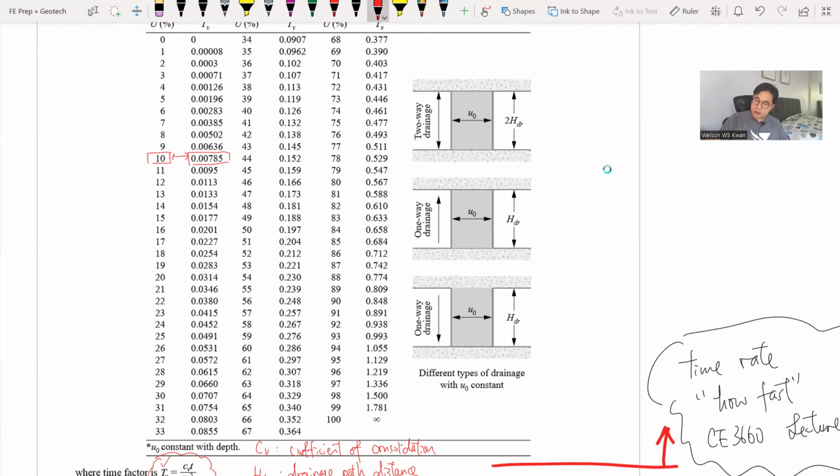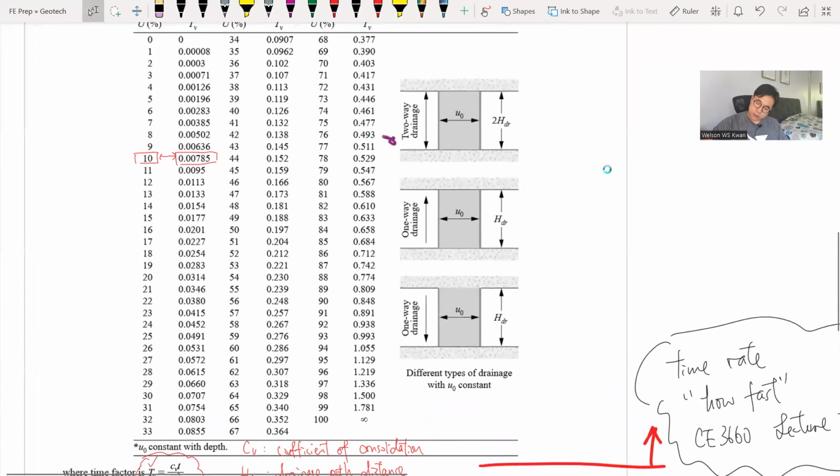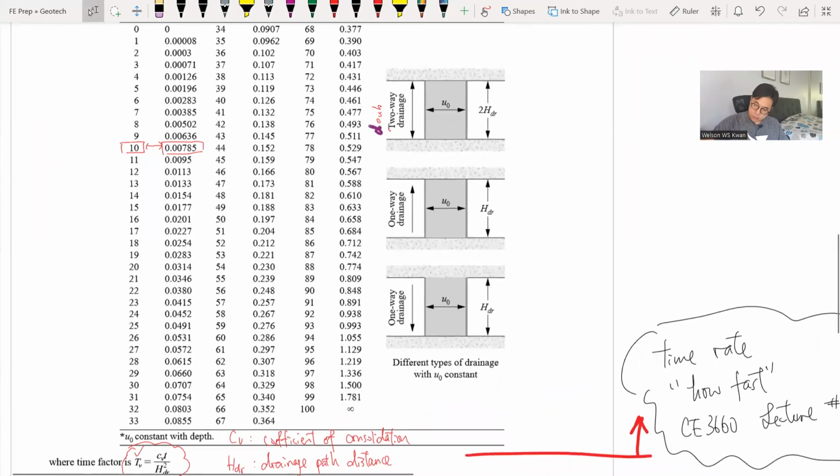For the case that we have two-way drainage, which some reference books or textbooks call double drainage, your clay layer is sandwiched by two much more permeable drainage layers like sand or gravel, which means the water can either go up or go down.